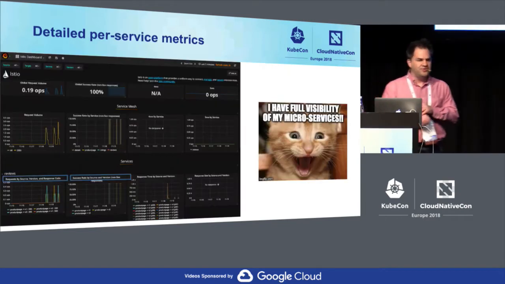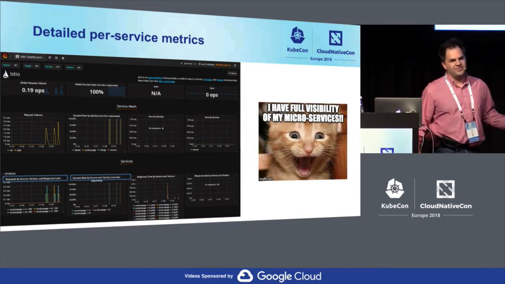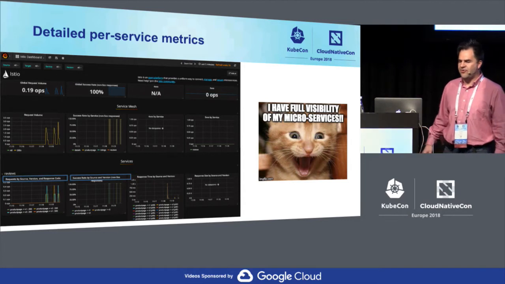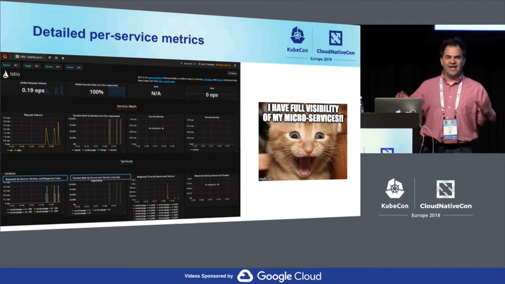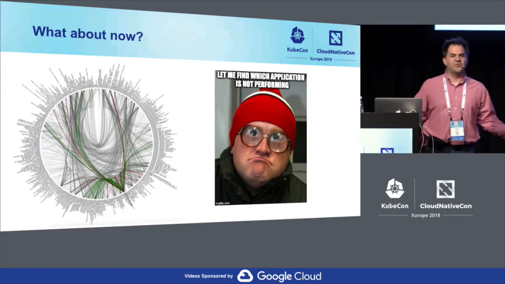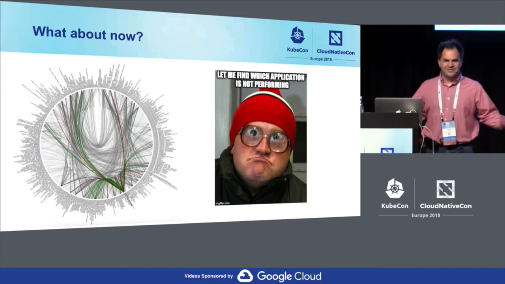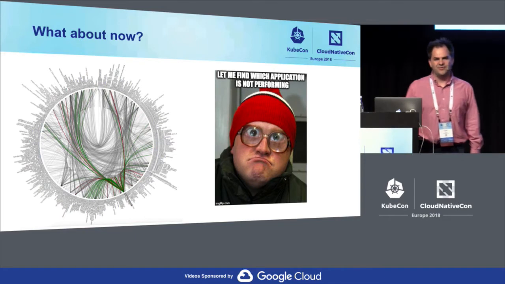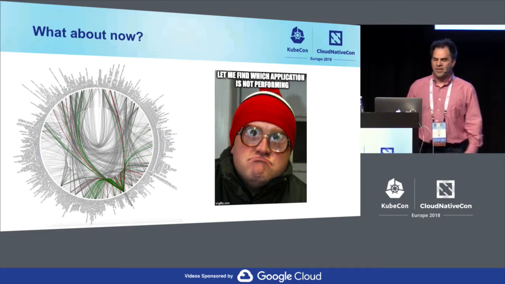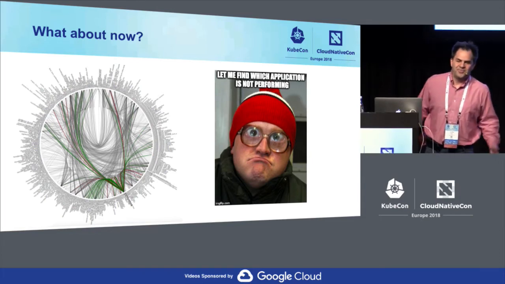So at this point, you know everything about all of your application components, how they communicate, how many transactions they perform. You can tell if any one of them is slow, but the question is, what do you do with it now? I've got thousands of nodes, tens of thousands of microservices coming up and down, communicating with each other. What do I do?